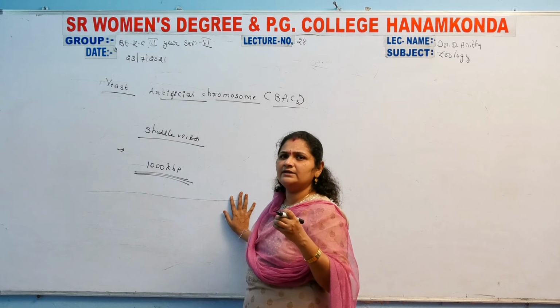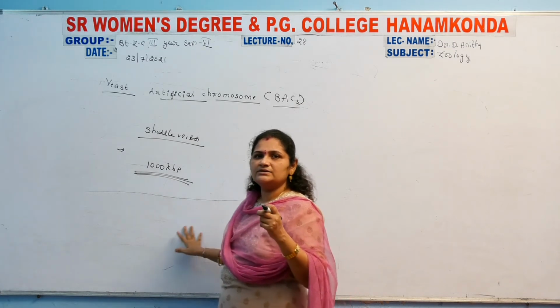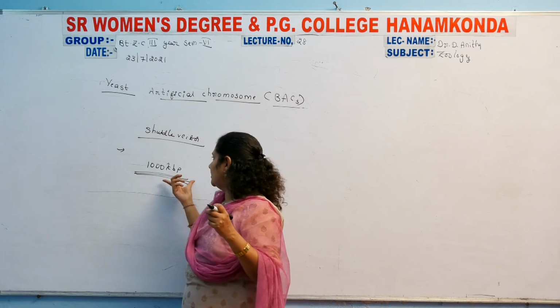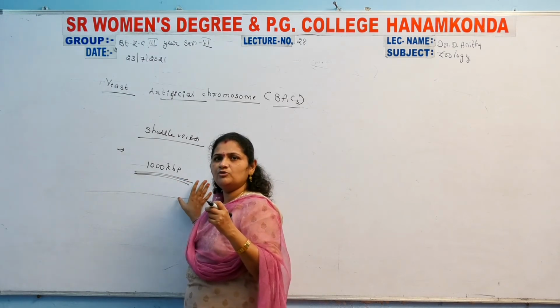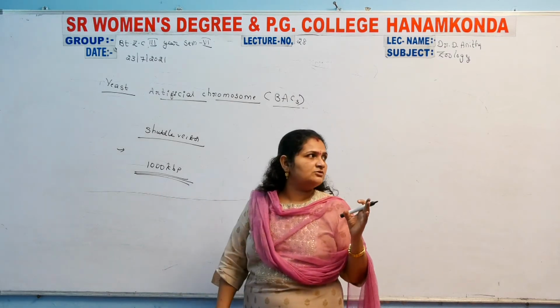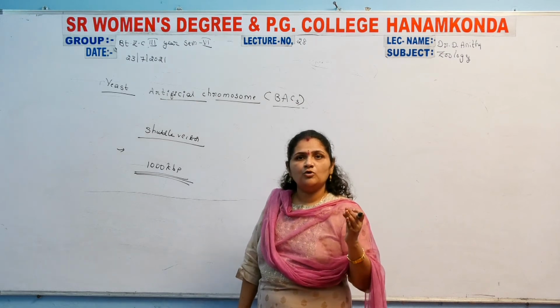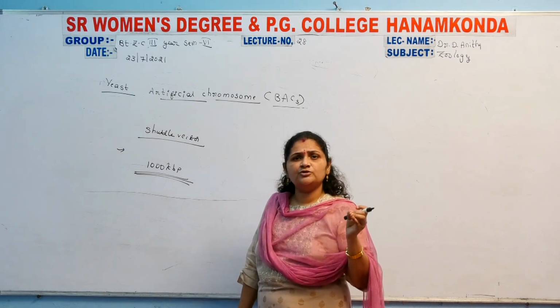The chromosome is inserted only into the yeast cells, which is why it is called a yeast artificial chromosome. Yeast cells can allow up to 1000 kilo base pairs, but the bacterial artificial chromosome can accept only 100 to 300.